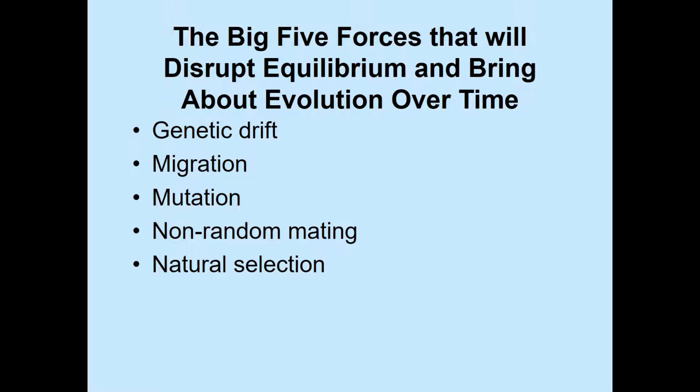If you have mutation, mutation's going to create one allele out of another one, and it changes an allele's frequency by a small but continuous amount in each generation. That will push evolution also. Non-random mating: individuals are going to be more likely to mate with like individuals, or unlike, really, rather than at random. And then natural selection. We all know that natural selection will definitely push evolution.